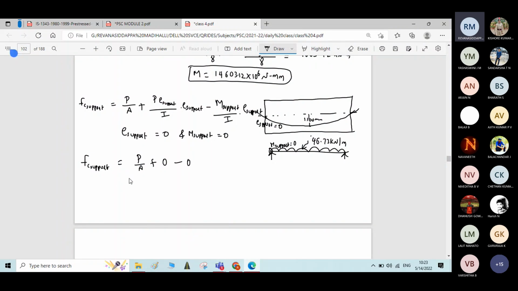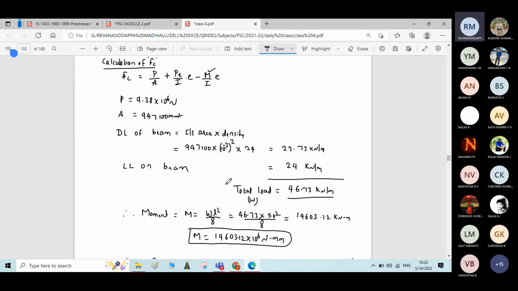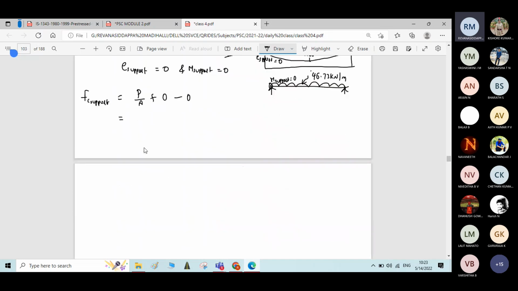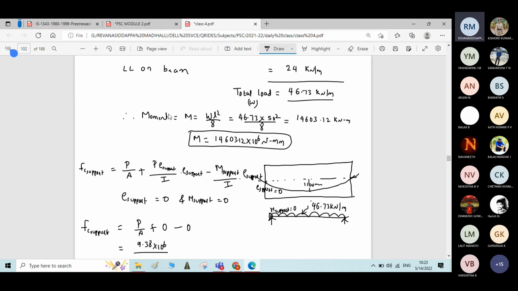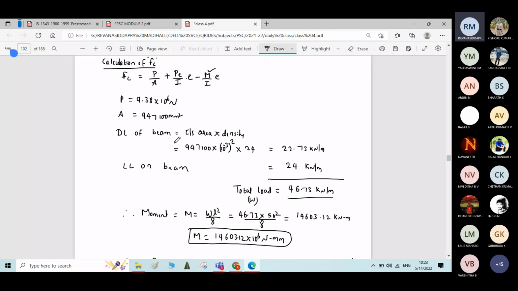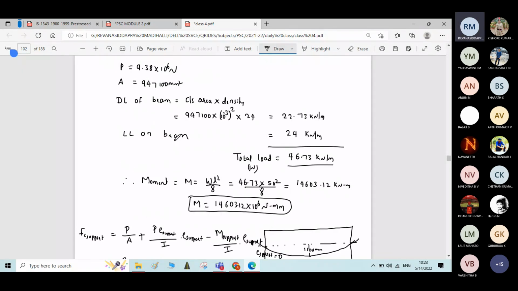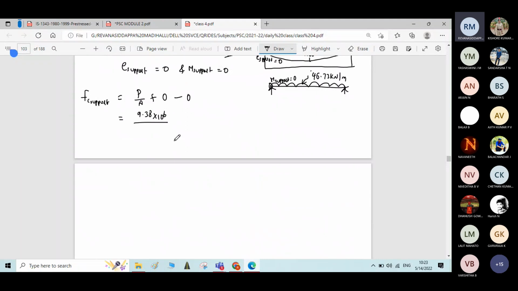So only FC support is P by A. Prestressing force is given 9.38 into 10 power 6 divided by area of cross section. How much is it given? 9,47,100.